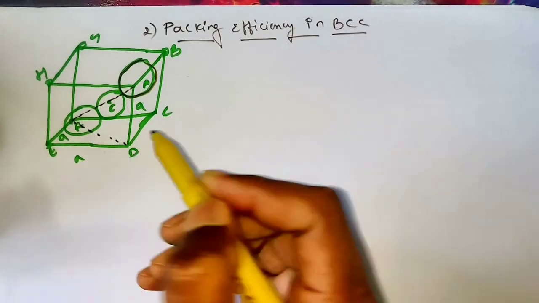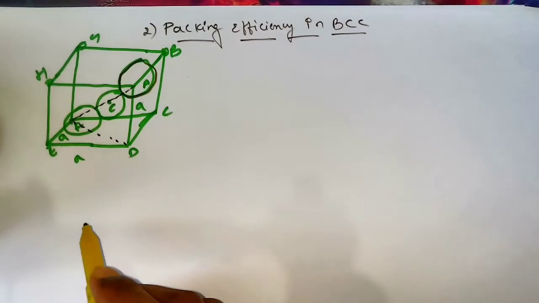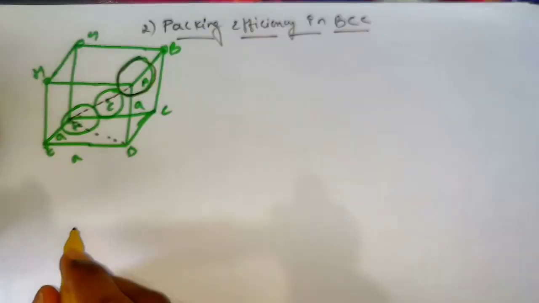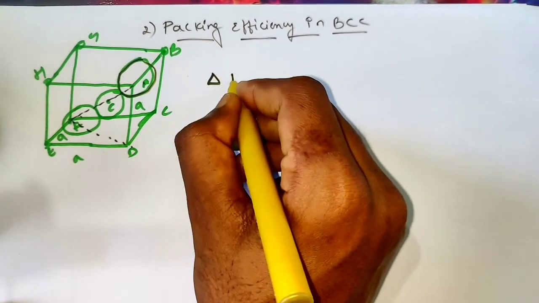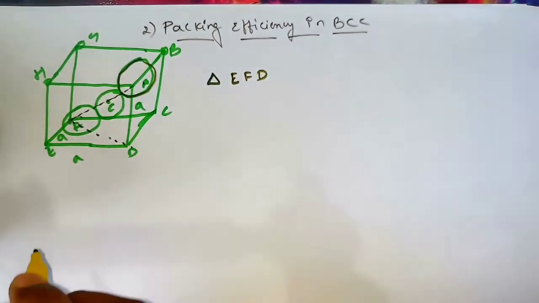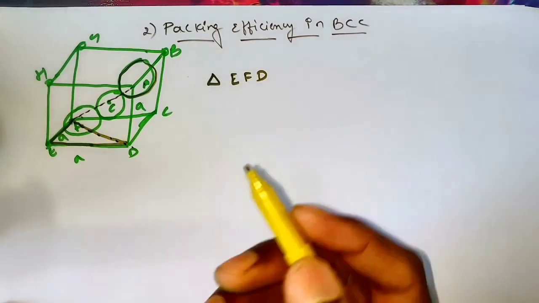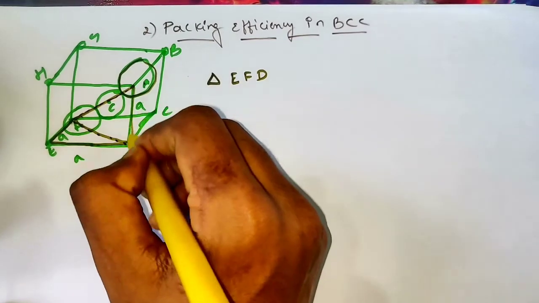We can draw like this. I will write the first triangle, E, F and D, and one more, A, F and D.